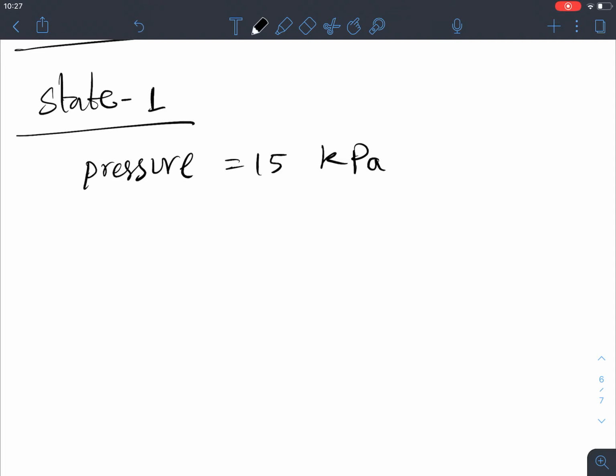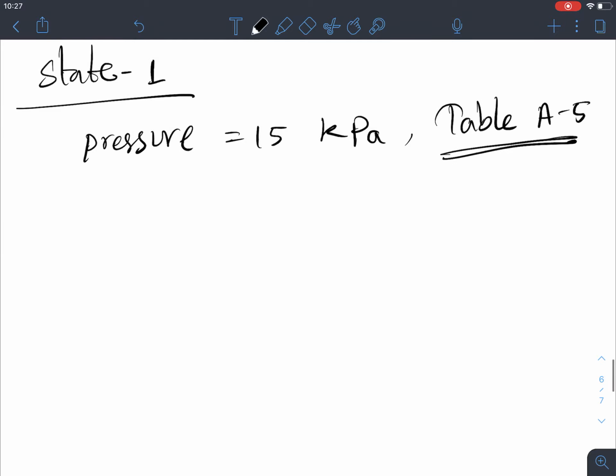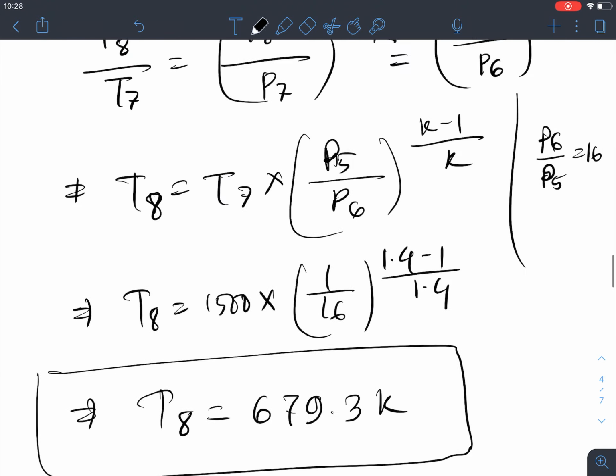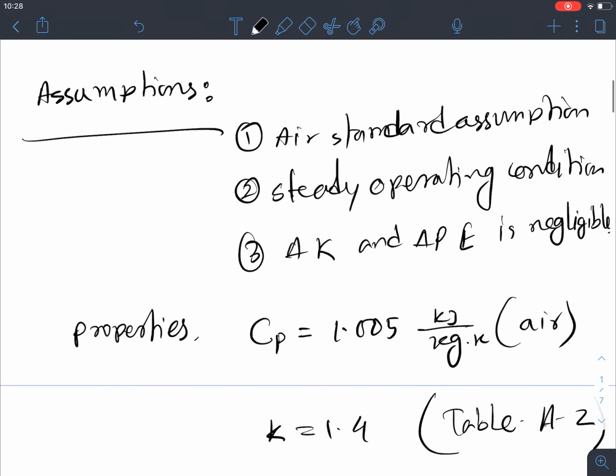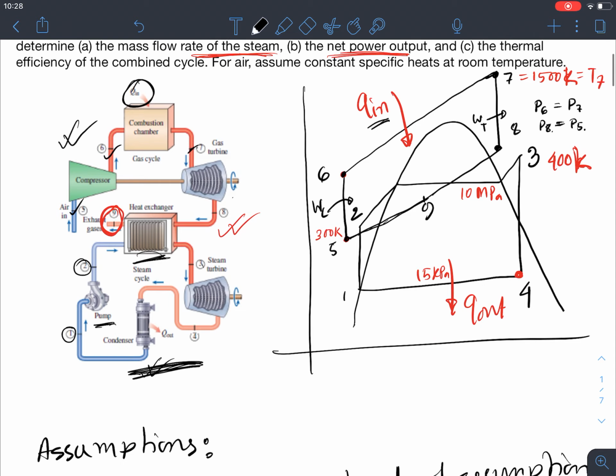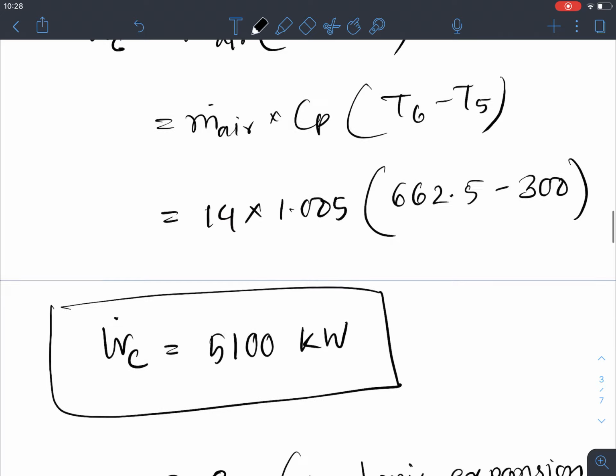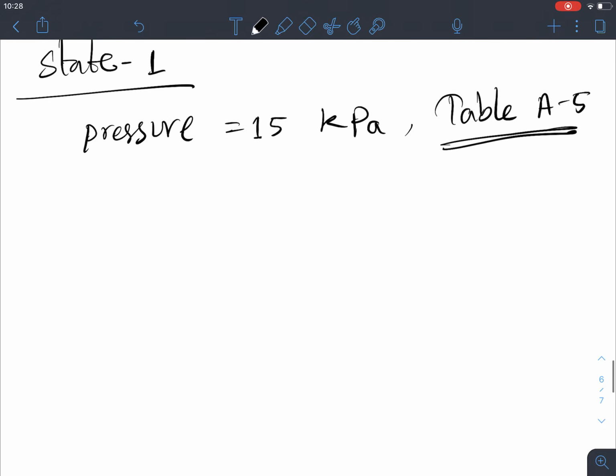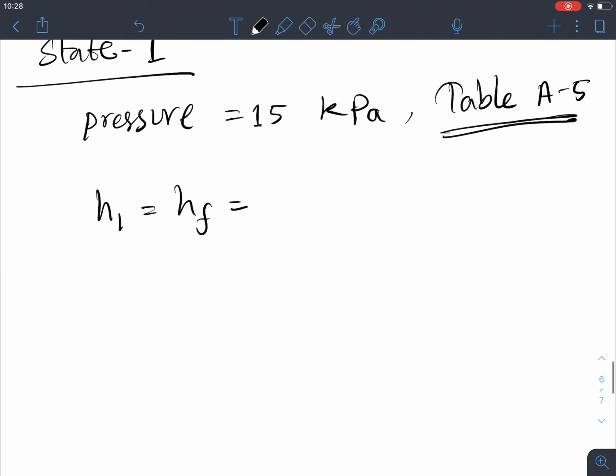With respect to this 15 kilopascal pressure, from table A5 we will look at the saturated point, because it's residing on the saturated line right here. Okay.